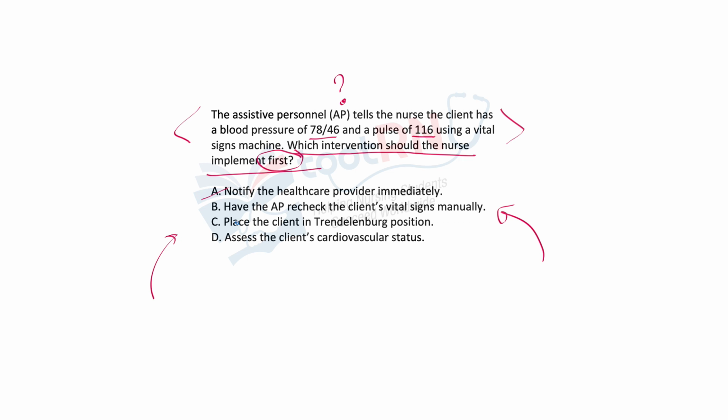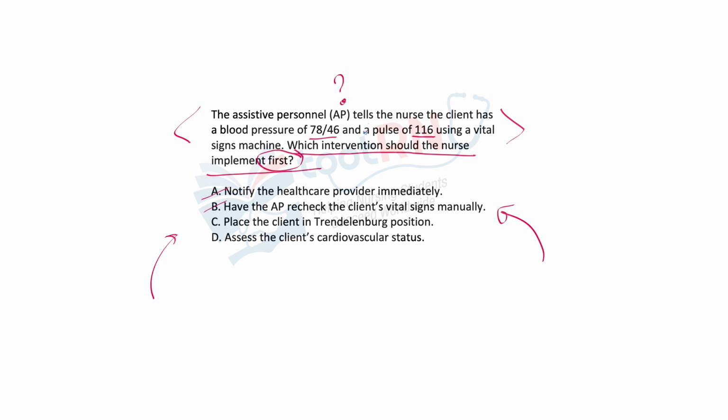Have the AP recheck the client's vital signs manually. Okay, so we can have them go back in and recheck it again. But thinking about the outcomes, if our patient is hypotensive and tachycardic, and we have them go back in there and check their vital signs, what are we doing for the client? What have we done for this problem? Nothing. Place the client in Trendelenburg position.